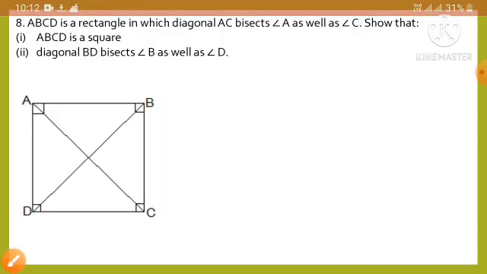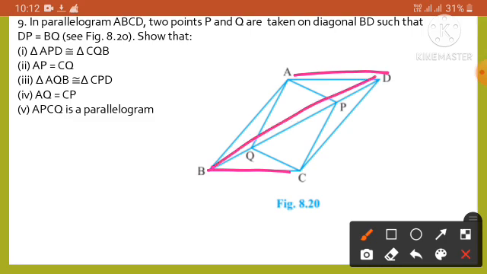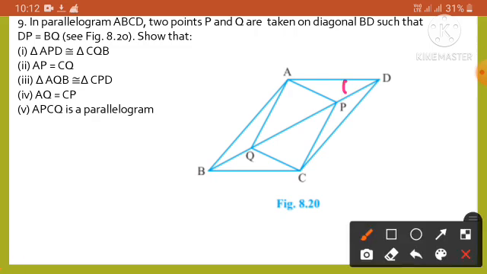Since AD is parallel to BC and BD is a transversal, we can say that alternate interior angles ADB and CBD are equal. So we can say that angle ADP is equal to angle CBQ here.